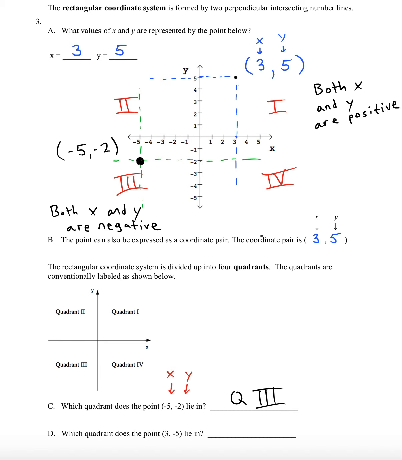So we actually need quadrant 4 here. We want a positive x and then a negative y. Okay, they intersect right here. And this is going to be the point (3, -5). And so that is quadrant 4.